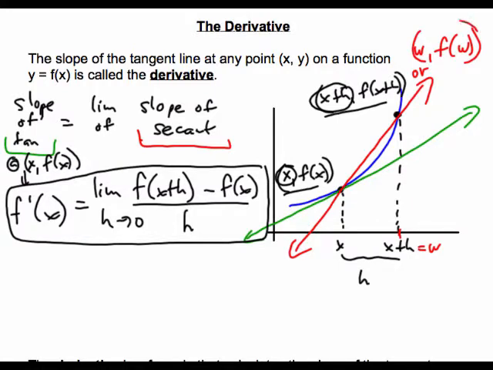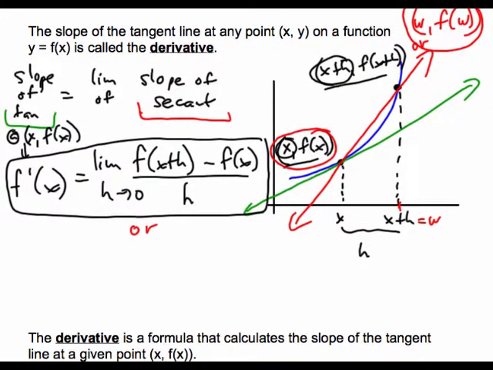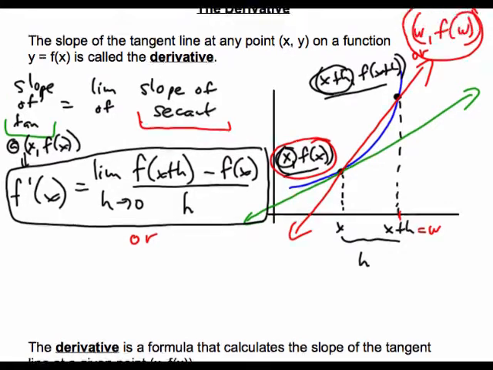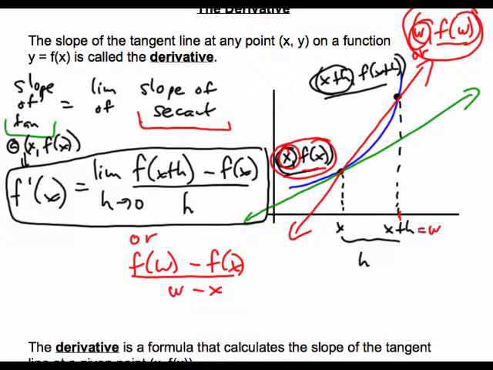If I choose to use this point with this point to calculate the slope, so I'm just going to come up with an alternative way to get the derivative. I will take f of w minus f of x, subtraction of the 2 y's over subtraction of the 2 x's, w minus x, and in this case we are wanting to make w approach x.